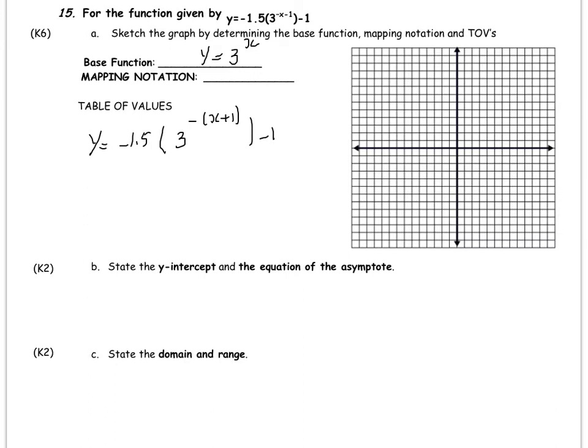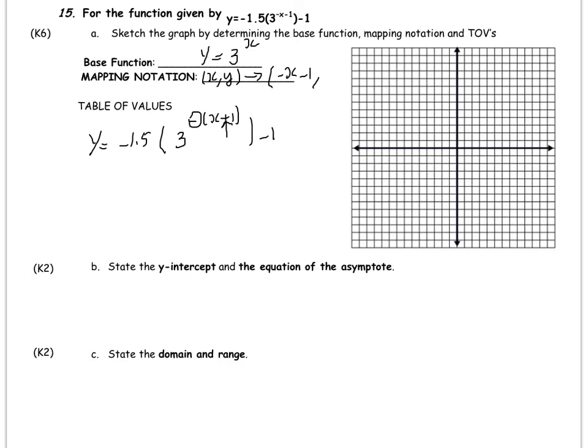From this notation, first of all, I can see that every x value is multiplied by negative 1 because of the reflection, and also every x value is subtracted by 1 because here we have addition. So I can write the mapping notation as (x, y) goes to (negative x minus 1, ...). x is multiplied by negative 1, so it's negative x, and then subtracted 1, so negative x minus 1.